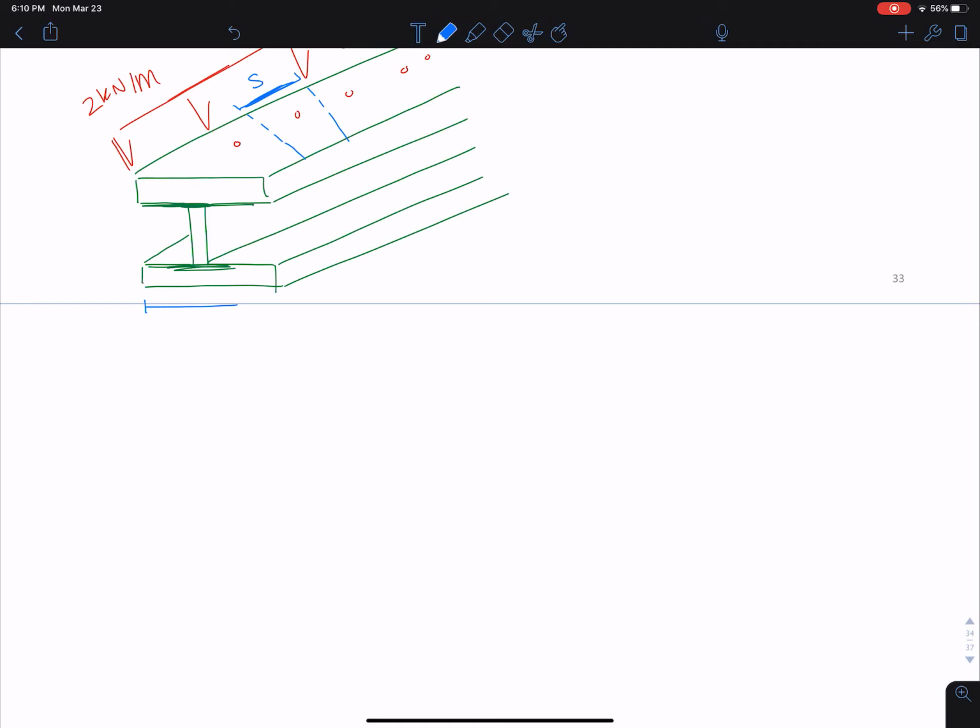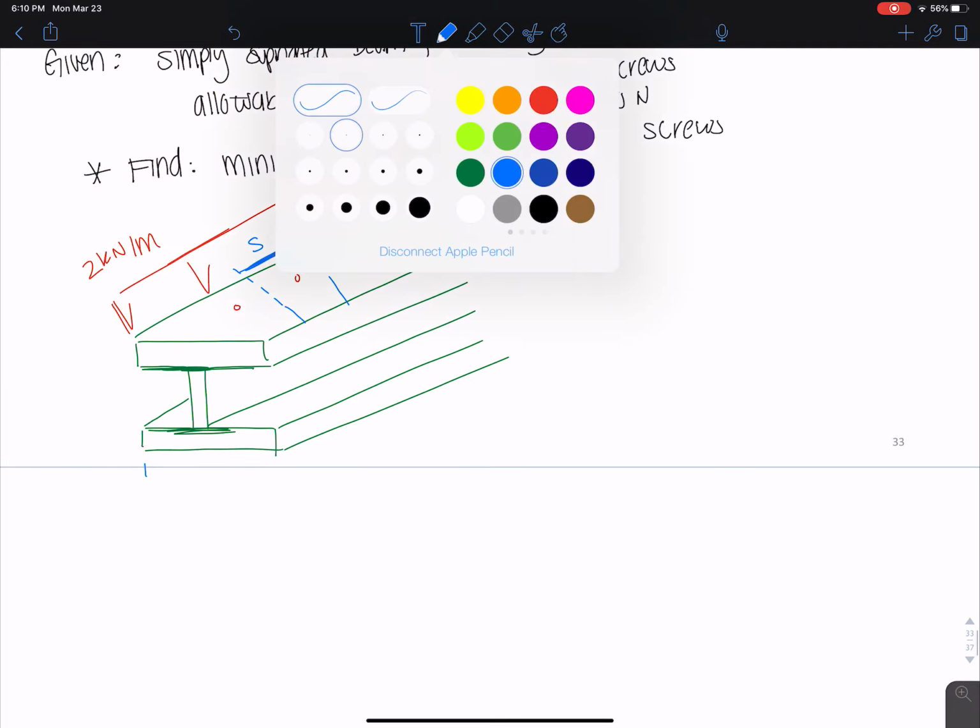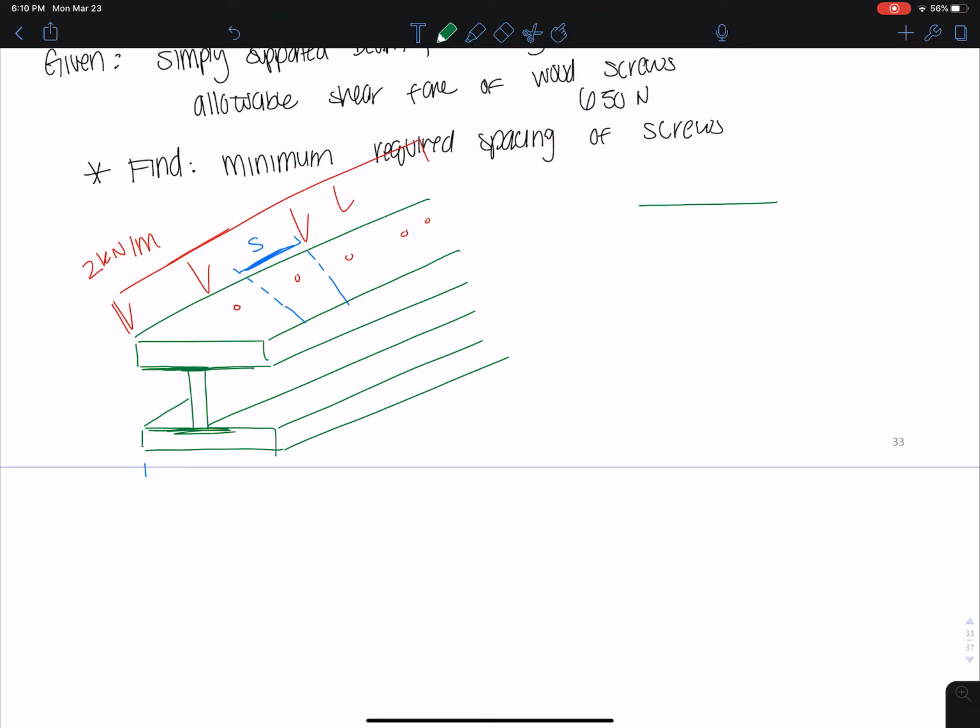Actually, let me just redraw this here. So here the top is 100 millimeters. Then we have 30, 150, 30, and the middle is 25.